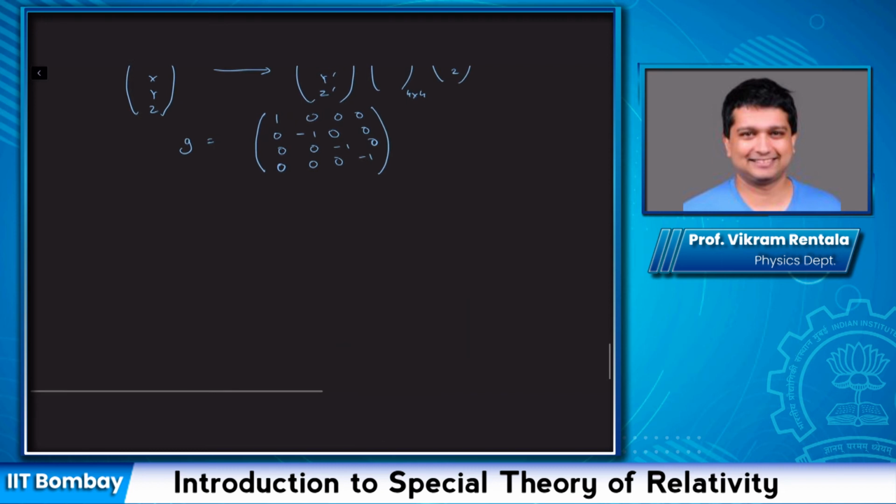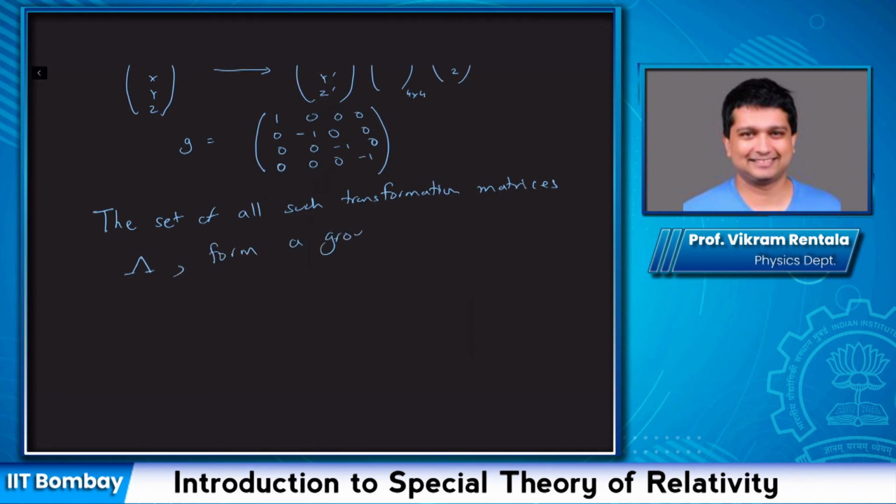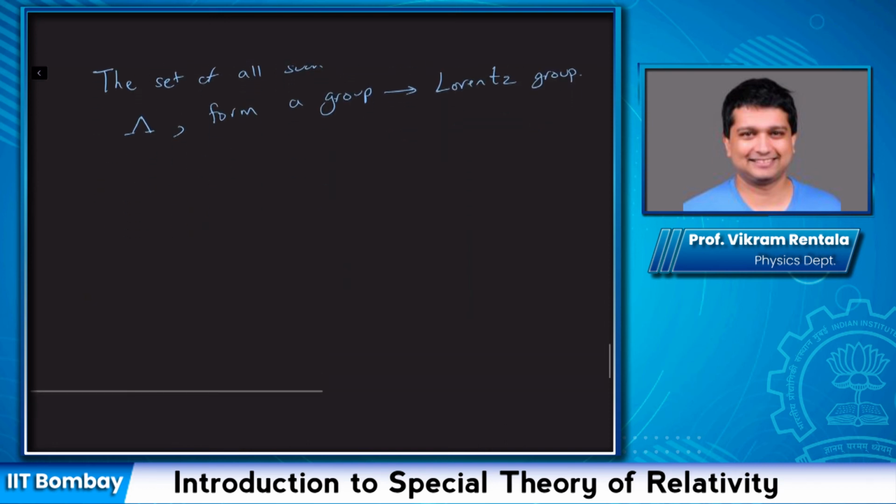That is, the set of all such matrices, or the set of all such transformations using lambda, form a group, and this group is called the Lorentz group. Okay. So what is a group? Let me just remind you the mathematical sense of the definition of a group.